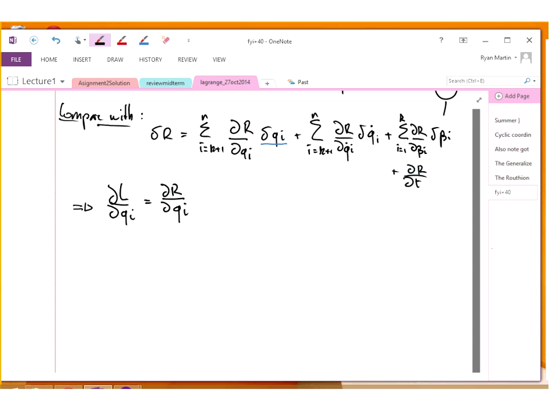And so if I do that for the other terms, what I find is that ∂L/∂q_i dot is going to be equal to ∂R/∂q_i dot. And q_i dot is equal to minus ∂R/∂β_i, I'm sorry.